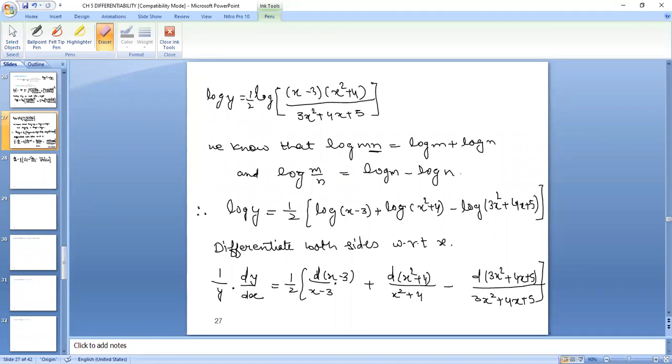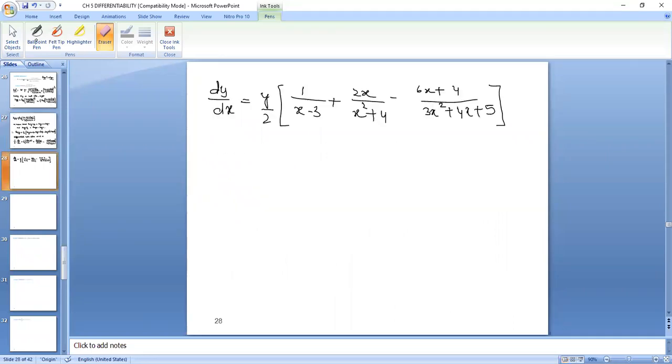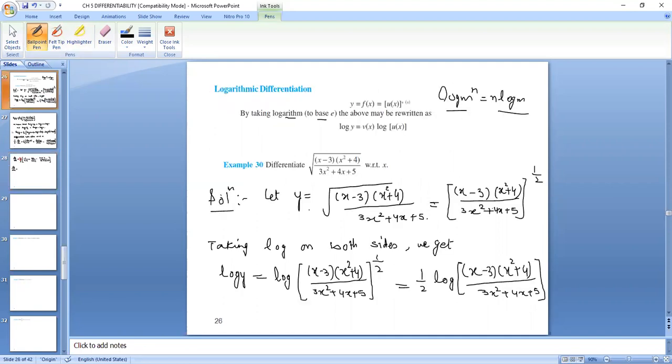Now our entire answer should be in terms of x. So dy by dx is equal to, here we are having y. We will put the value of y in terms of x, which is given to us in the statement.